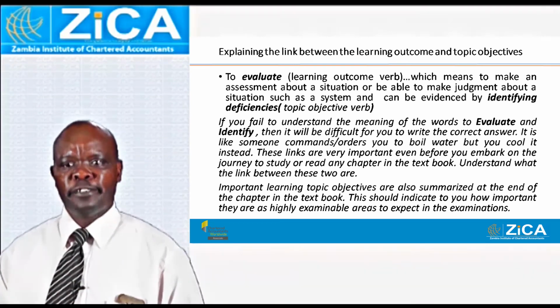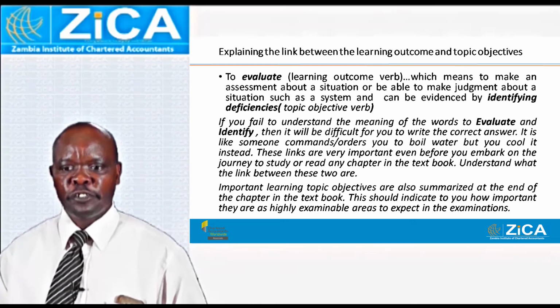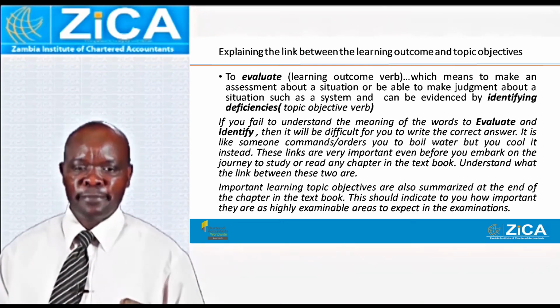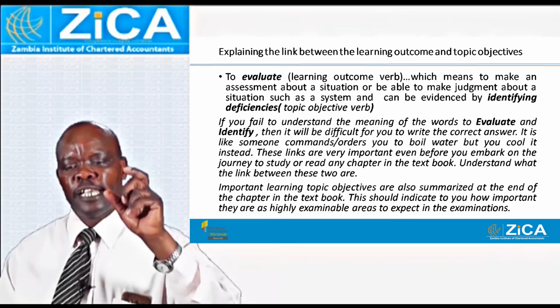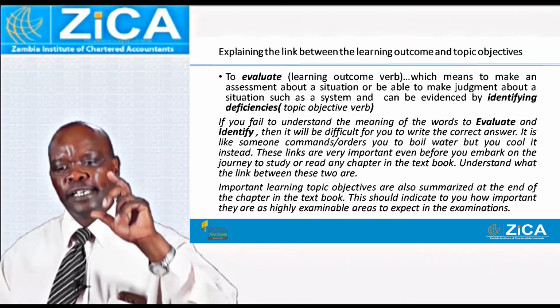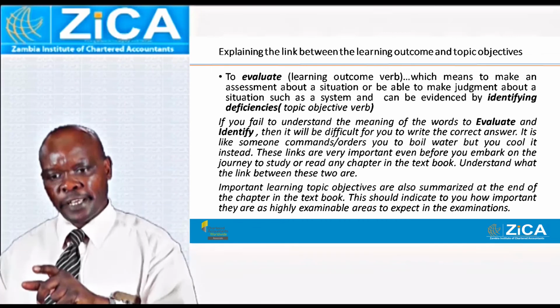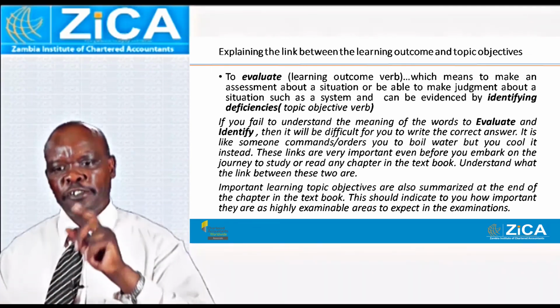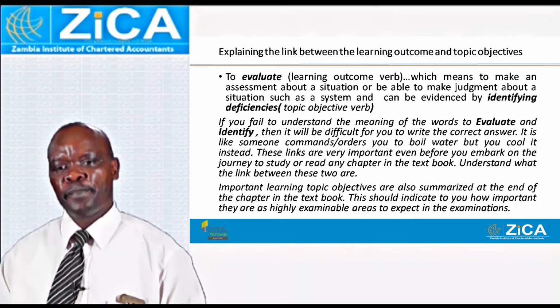And then the questioning verbs. It's very important that you always know that there will always be a link, which is a connection, between the learning outcomes. There are those 8 that we talked about. Each learning outcome is linked to a particular topic, and each particular topic objective is linked to the questioning verb.